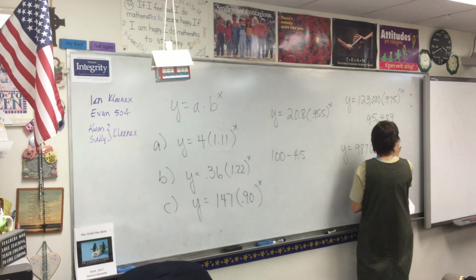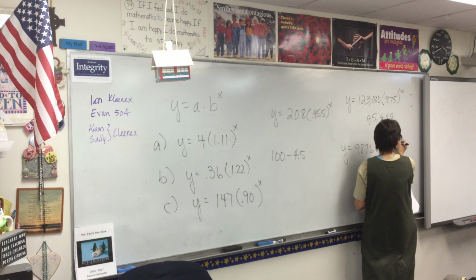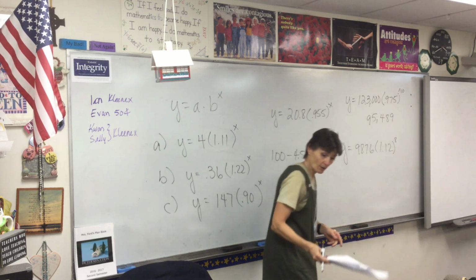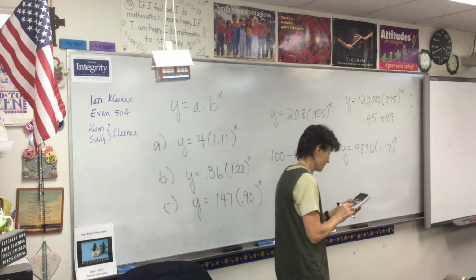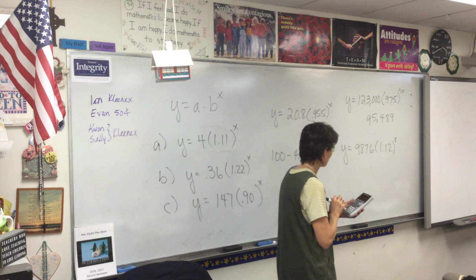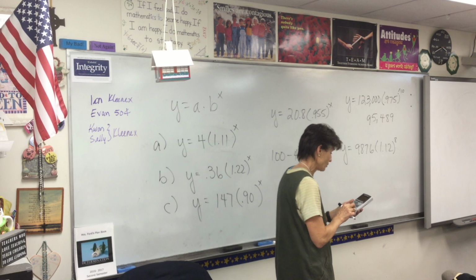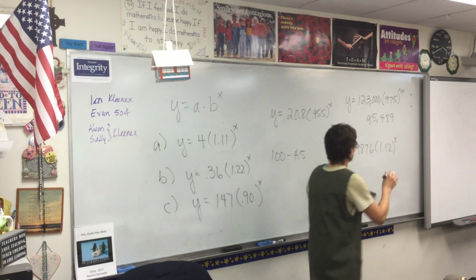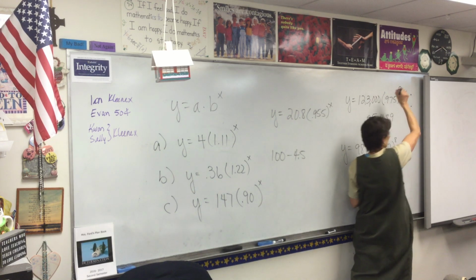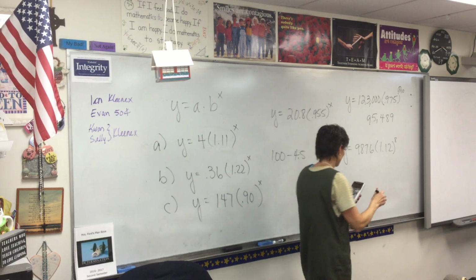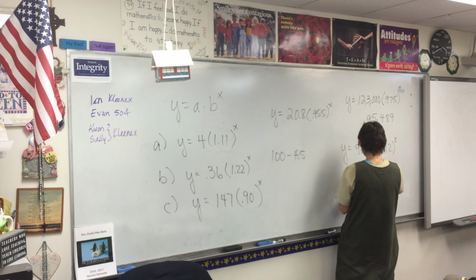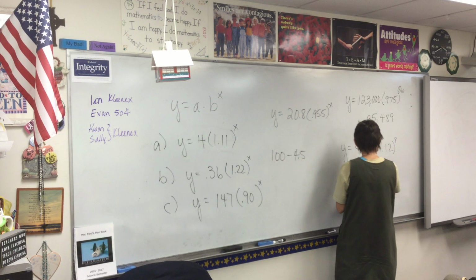So this isn't going to be an x, it's going to be an 8. We'll type it in on our calculator. 9876 parentheses, 1.12 parentheses, raised to the 8th power. Remember, this little button right here is how we raise to powers on our calculator. You get 24,453.